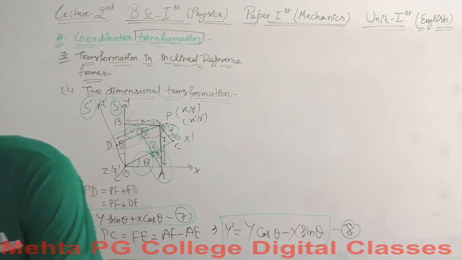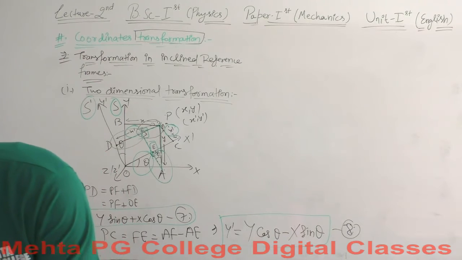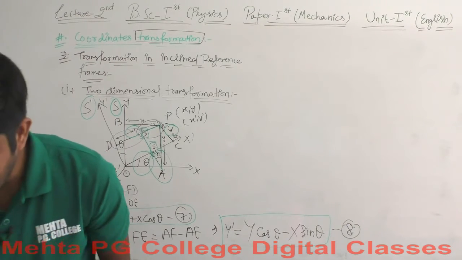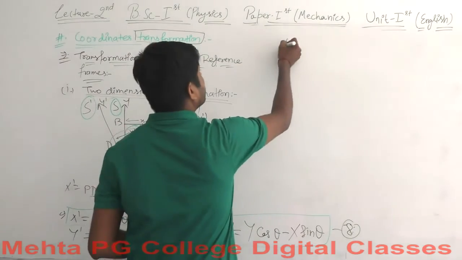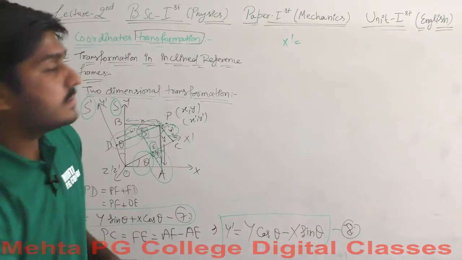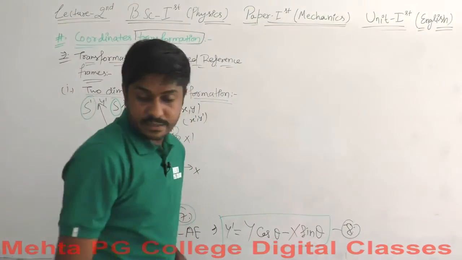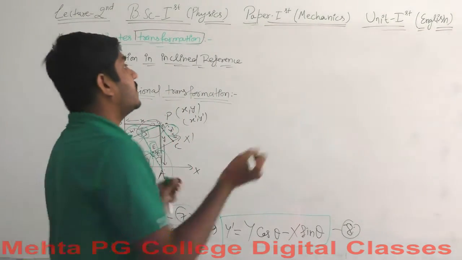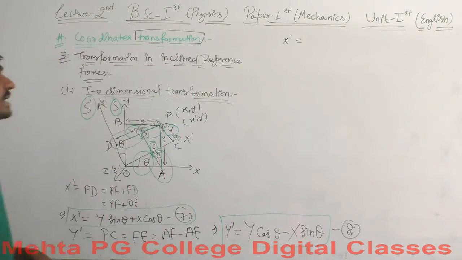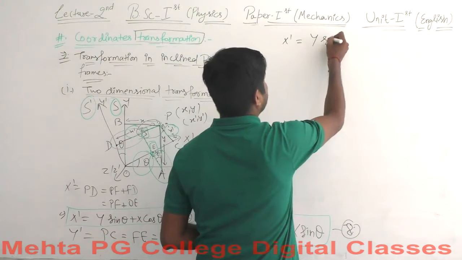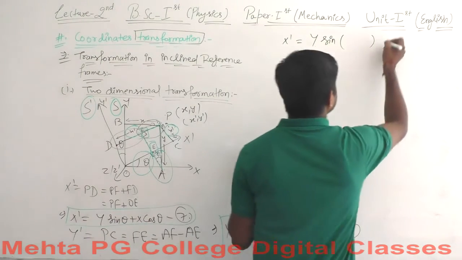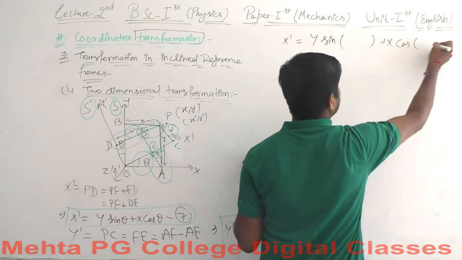So what do we have? The value of x dash will be equal to y sin of plus x cos of.